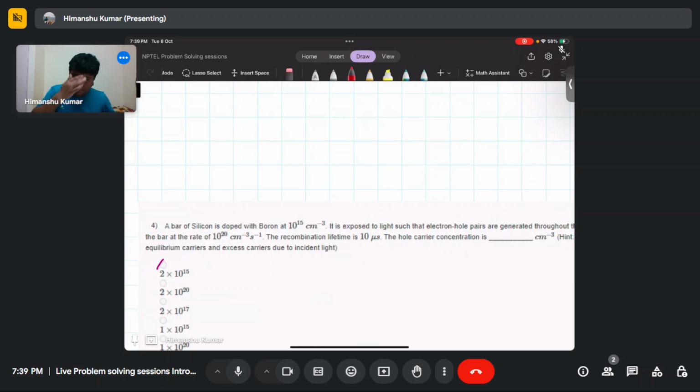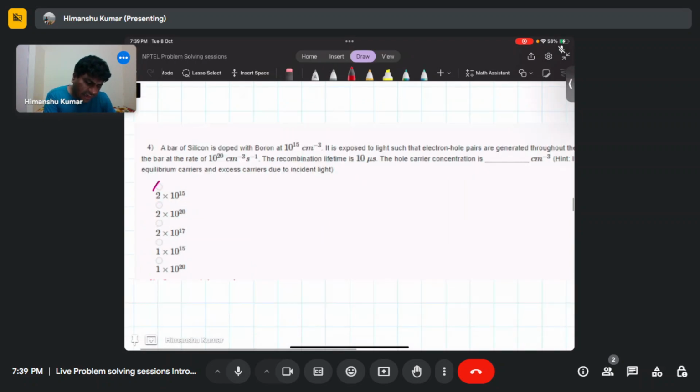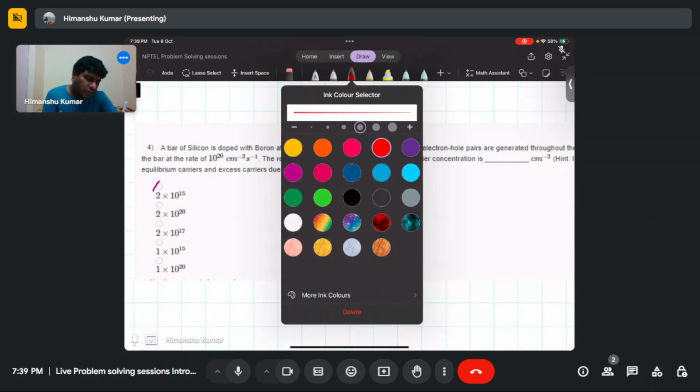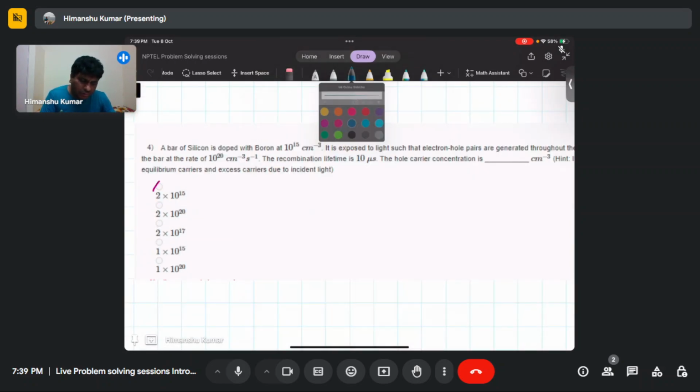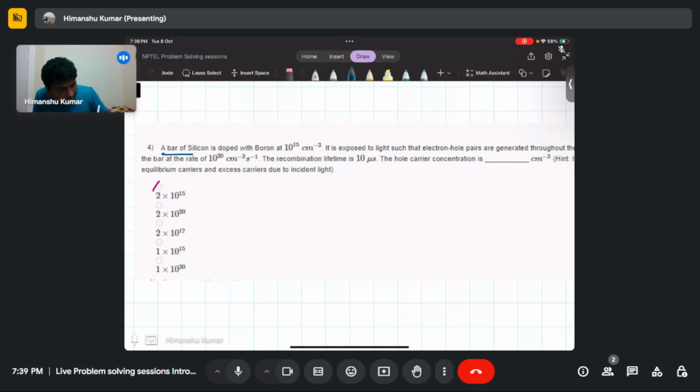Next, let's move to the next problem. A bar of silicon doped with 10 power 15 per centimeter cube is exposed to sunlight such that electron-hole pairs are generated throughout the bar.